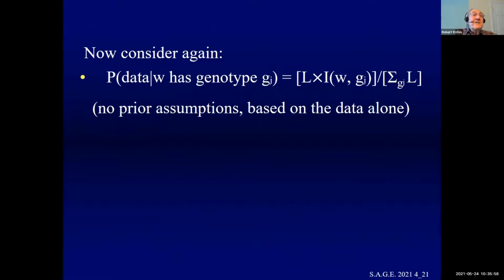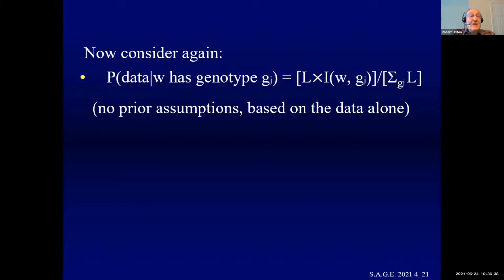So now let us consider again what we had before, which is no prior assumption, based on the data alone. Okay, and this is what we decided. We were talking about this, and since now I know this was done in New Orleans because Alexa said she programmed it, and I think it was Alec who said, why can't we use these as penetrance functions in linkage analysis?